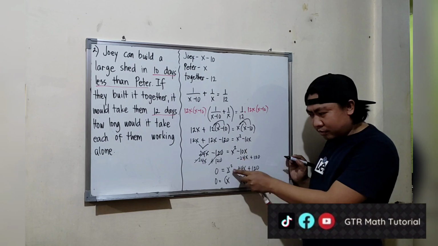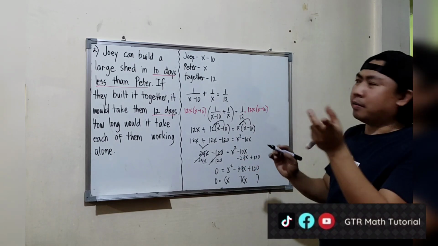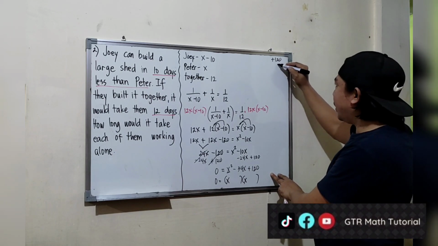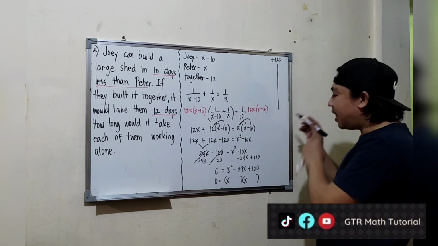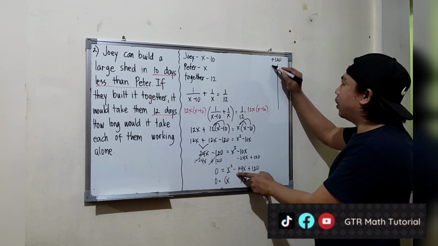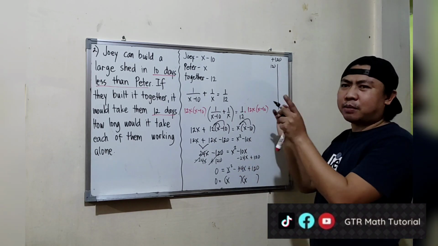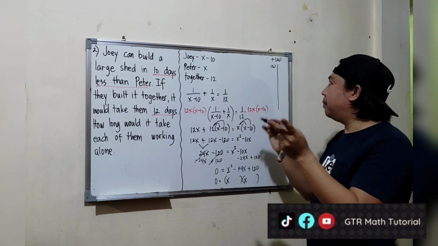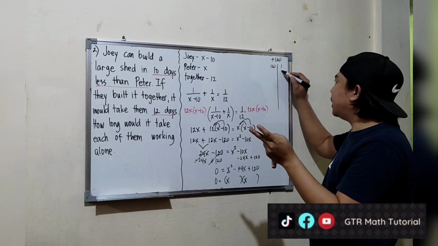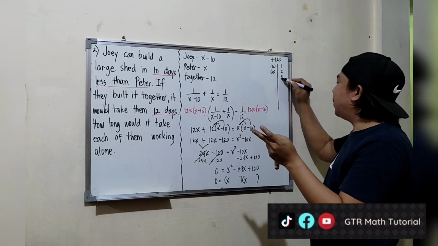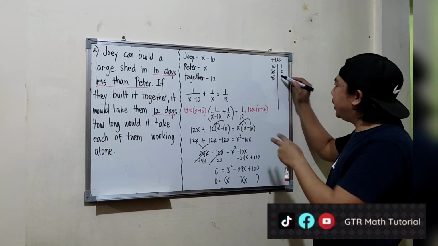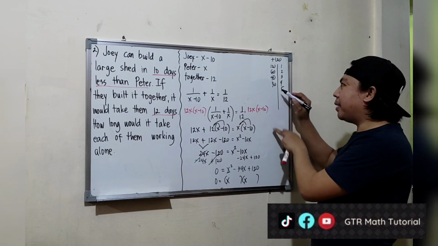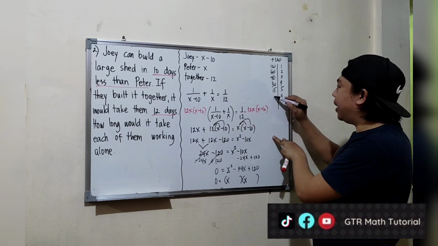To be sure, we can list all the factors of 120 one by one. Since it is positive 120, the two factors should be both positive or both negative. 120 and 1, then 60, then 3 and 40, 4 and 30, 5 and 15, and then 8 and 12.